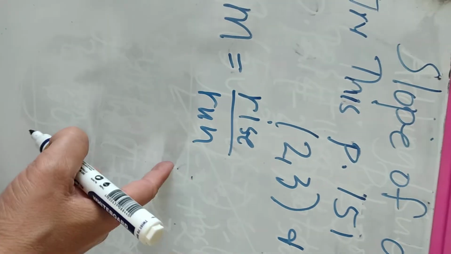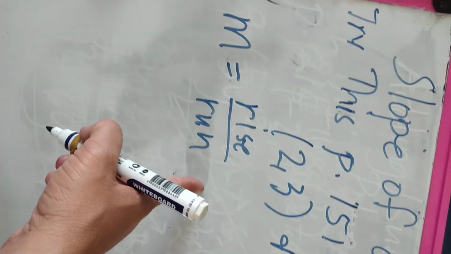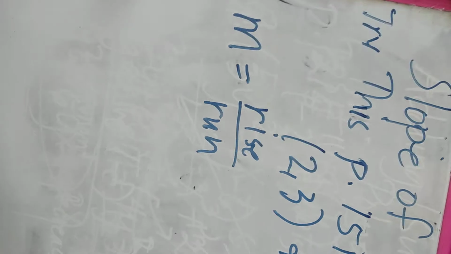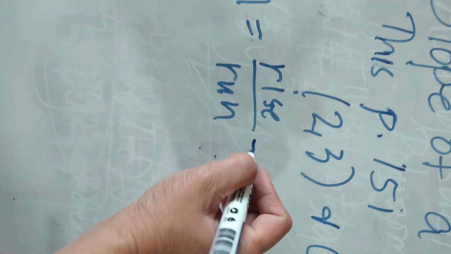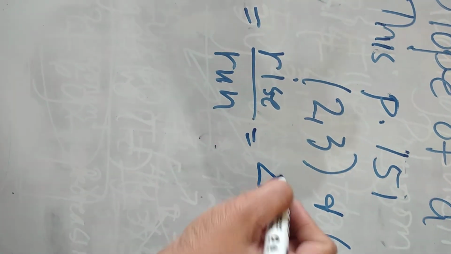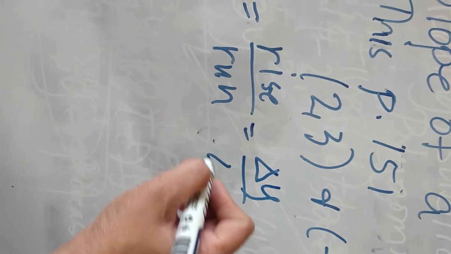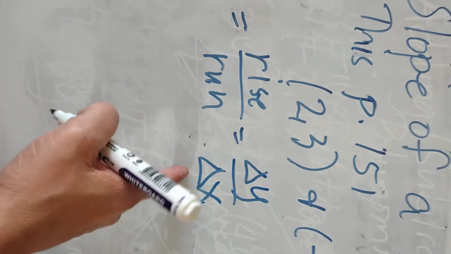Remember this because we need this concept in graphing in our future lesson. For now, we call it delta y over delta x, change in y over change in x.